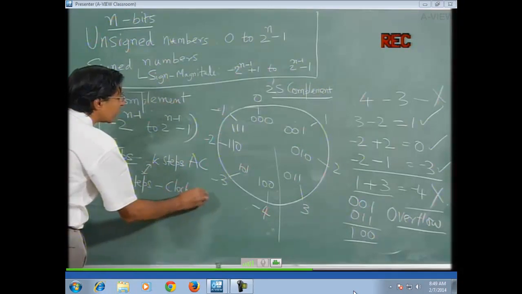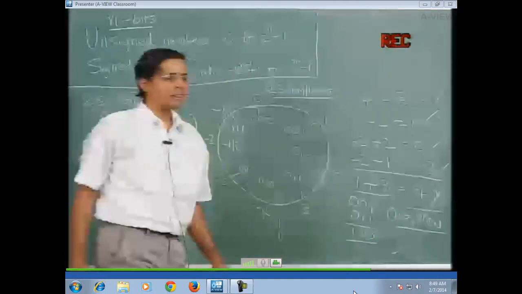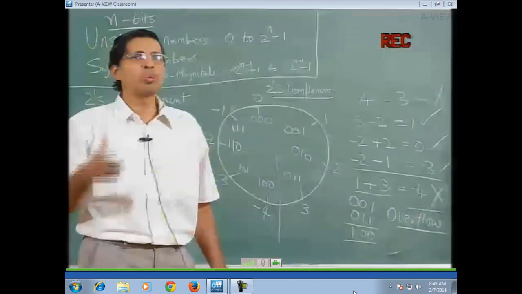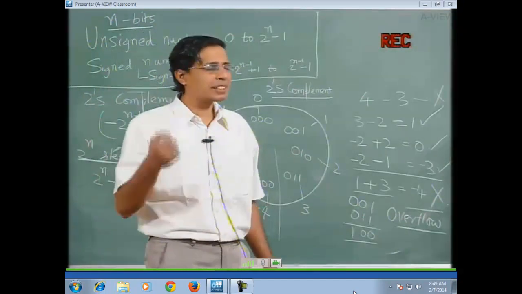This was our argument. If you remember, I said instead of moving 6 steps clockwise, I can move 8 minus 6. So everywhere, instead of moving 3 steps anti-clockwise, I can move 8 minus 3 steps clockwise.